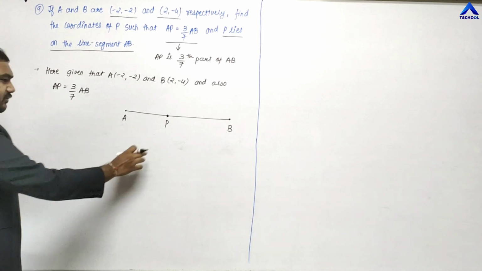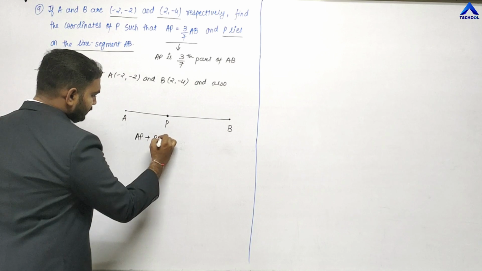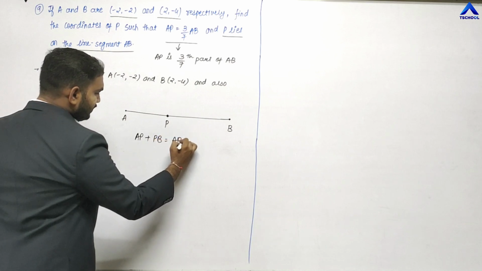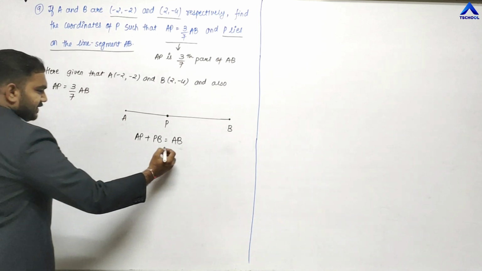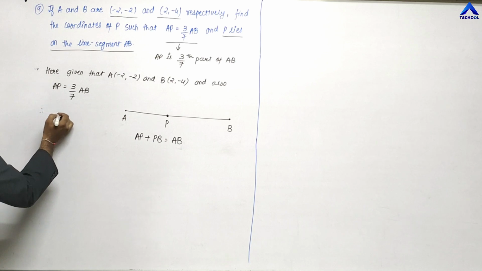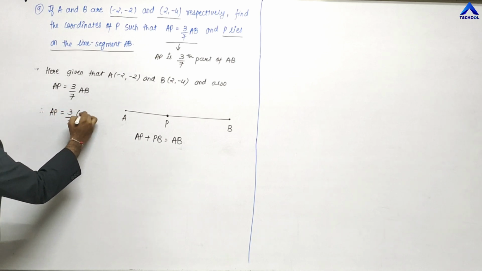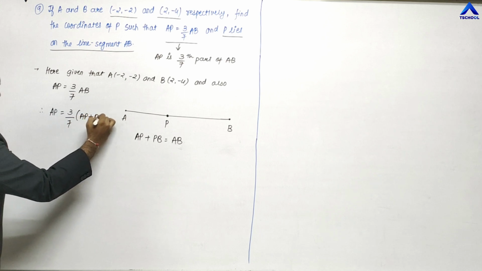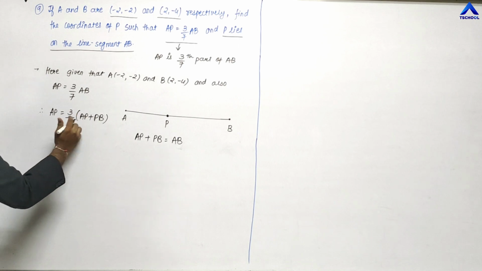So what can you write down from the figure? That AP plus PB is equal to AB. Yes or no? So can I replace AB equals AP plus PB here? Therefore AP is equal to 3 upon 7 into AP plus PB. Is this thing clear or not, friends?